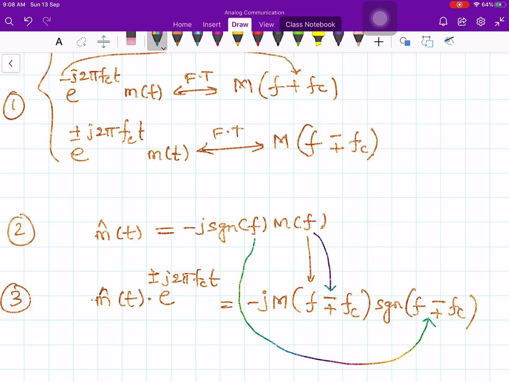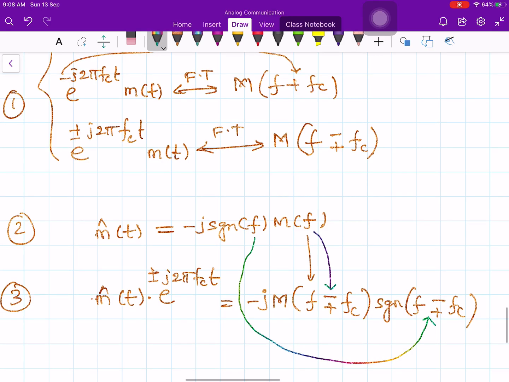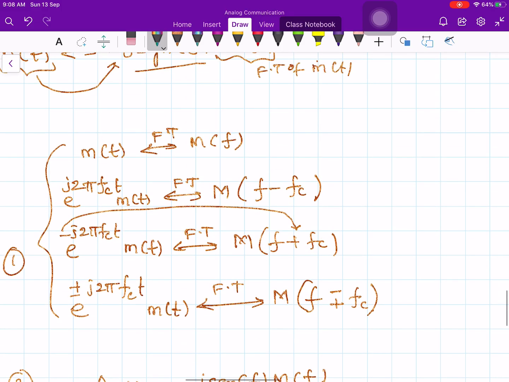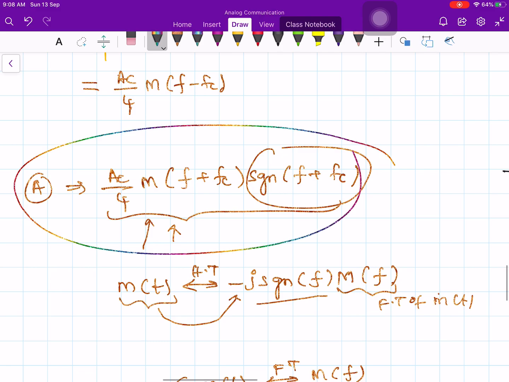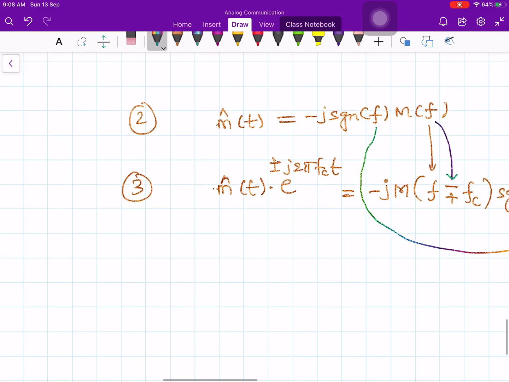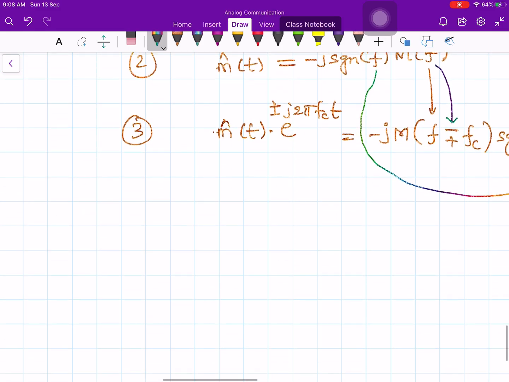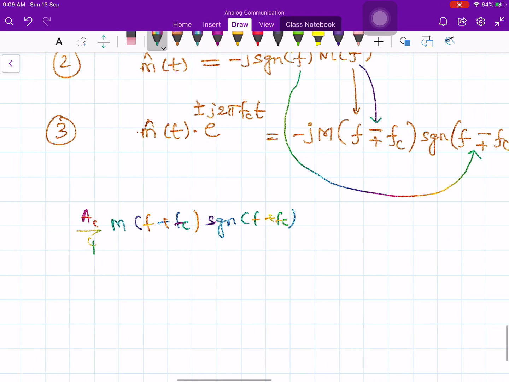Now, let us look at the inverse Fourier transform of the last two terms, the second one and the third one. Sorry, let us try to take the inverse Fourier transform of at least this term. What is the A term? The A term is AC by 4, then m of f plus fc, signum of f plus fc. Now compare this and that.